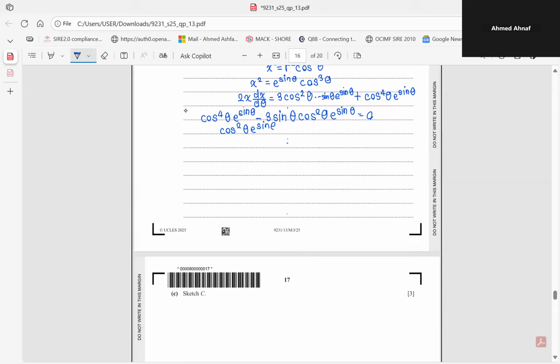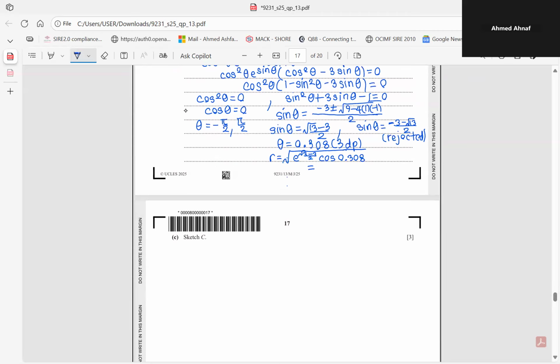And then the r value is just the square root of e to the power of sine theta, that is square root 13 minus 3 over 2, times cosine theta, so cosine of 0.308. Just type it into your calculator.